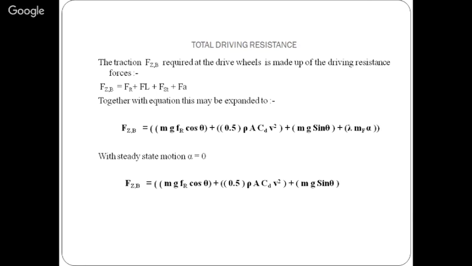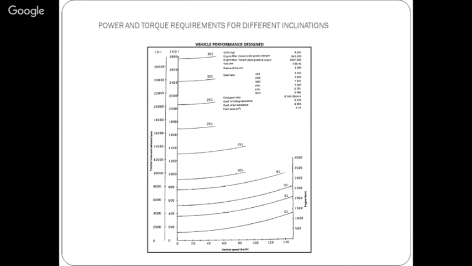I will plot the vehicle performance requirement curves. This is basically the graph which shows the power and torque required by the vehicle at different inclinations. And what is this graph going to tell?